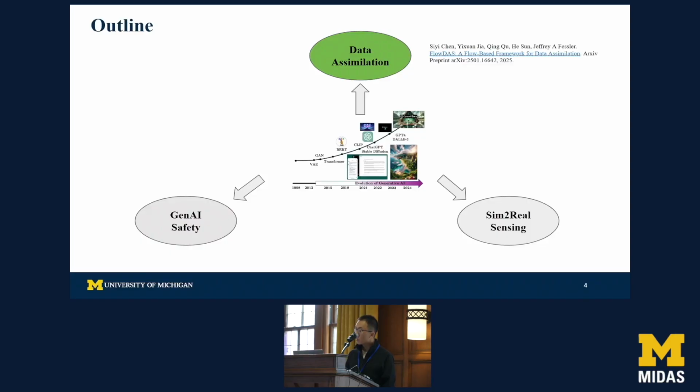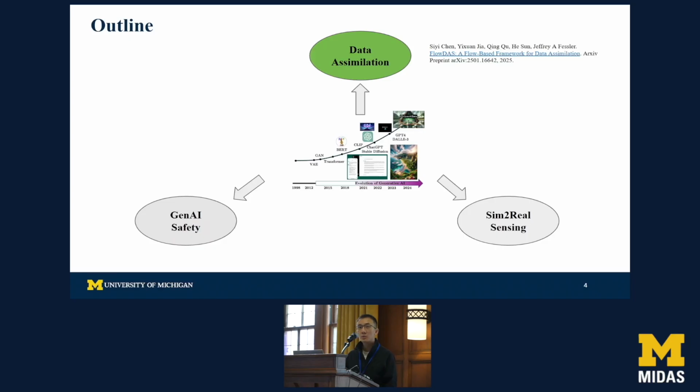I'm going to go through three examples with interesting results that I want to share. One is a scientific computing problem, a data assimilation problem that has many applications. Then I'm going to talk about generative AI safety and this sim-to-real sensing problem in engineering.